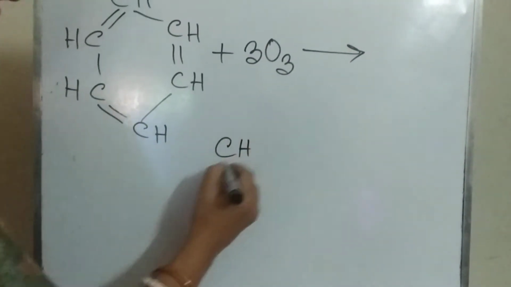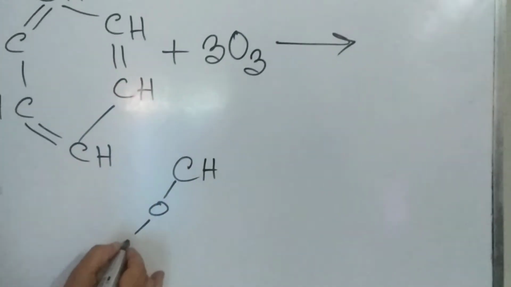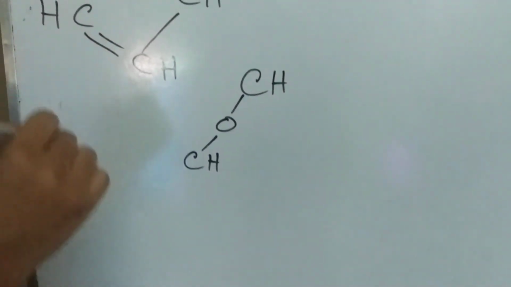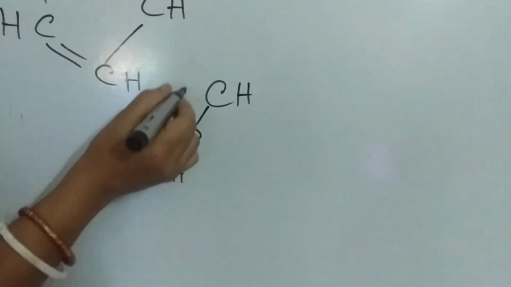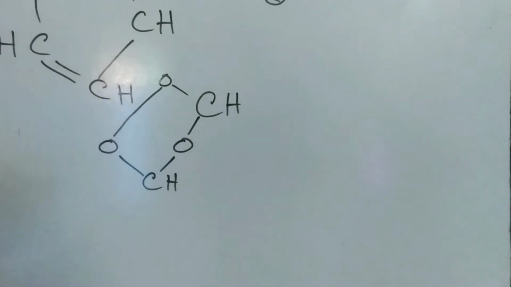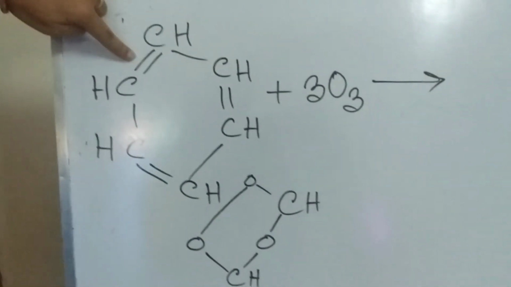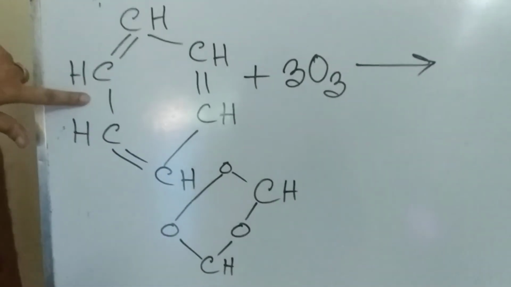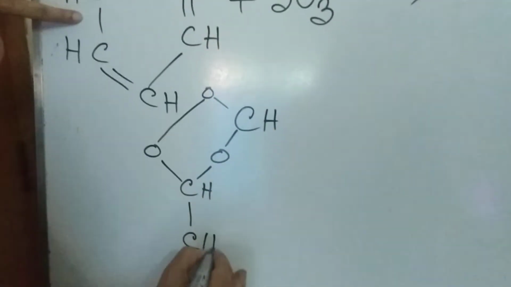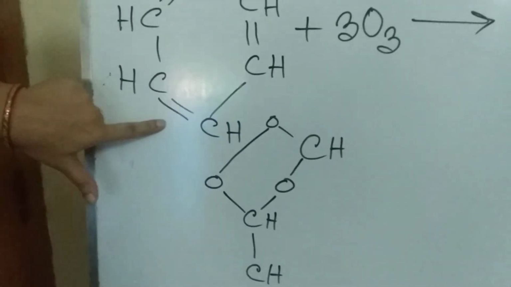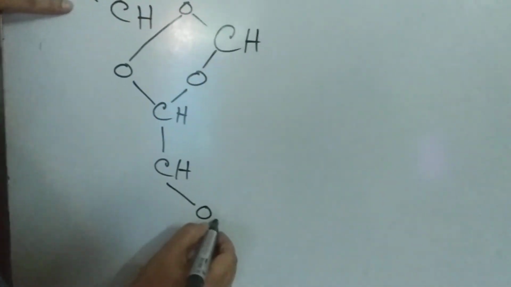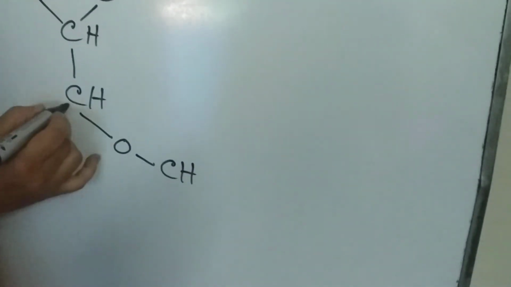Now, this double bond is occupied by 1 ozone molecule. Right? Now here single bond, so we put a single bond here. Now here double bond, so we put another ozone molecule here.